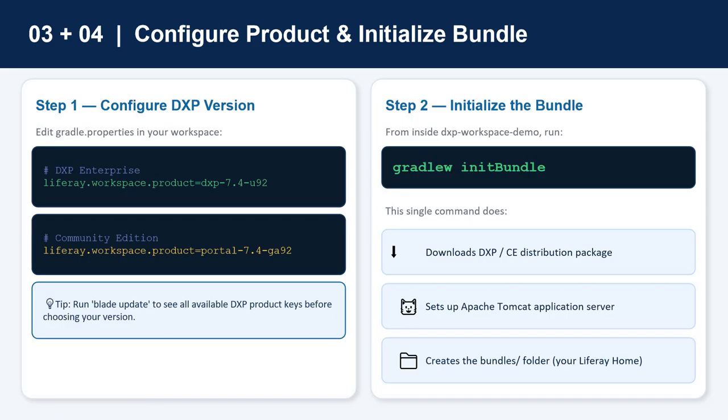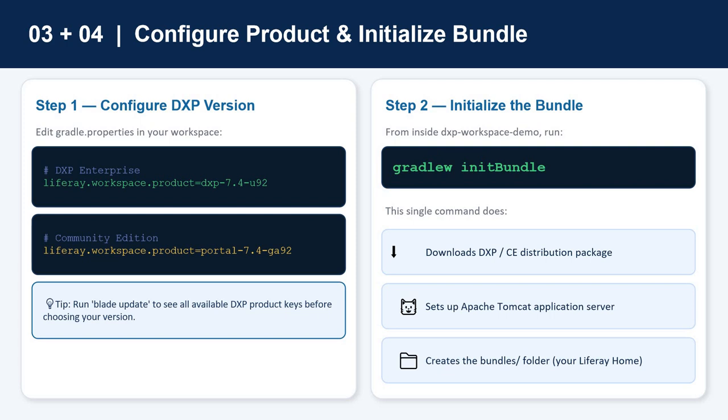Now guys, you can see once we have created the workspace, right? Next, because the bundle is still not initialized, to download Liferay bundles you have to do some configuration in your gradle.properties file. Since we have created the workspace, sometimes it is configured by default by itself, but if it is not, you have to go and check and change the properties file of your workspace.